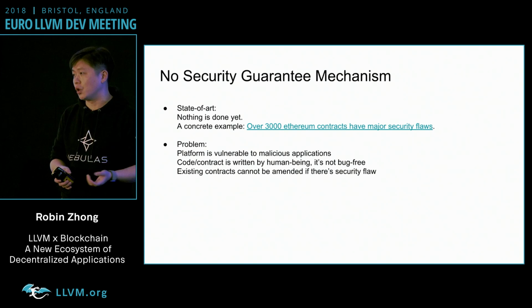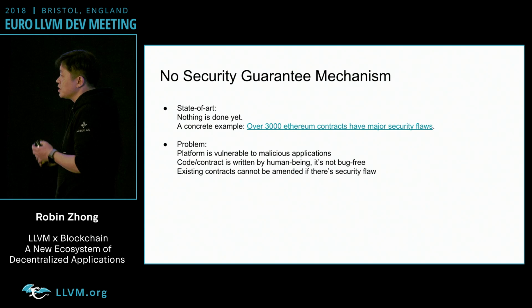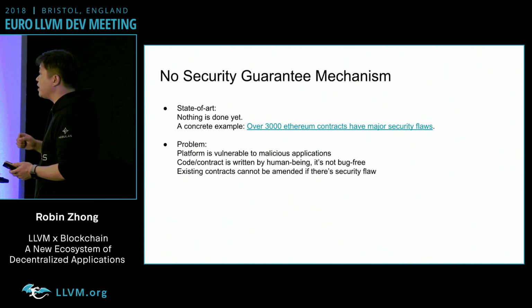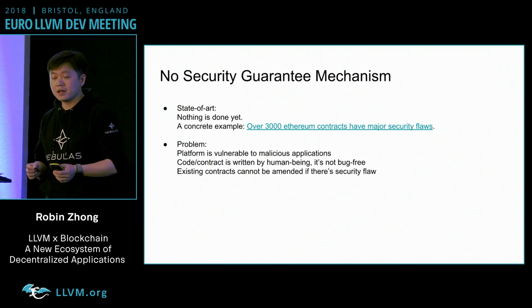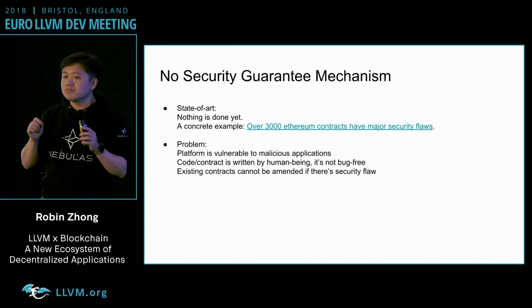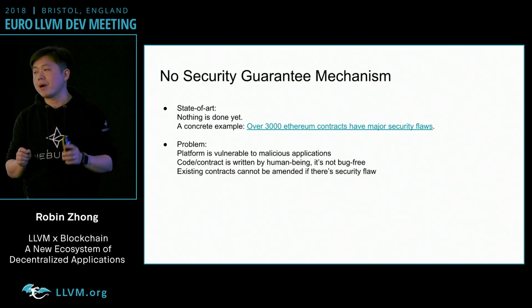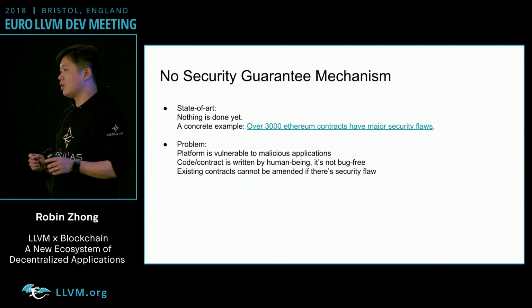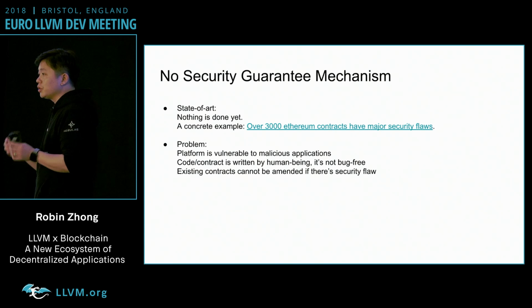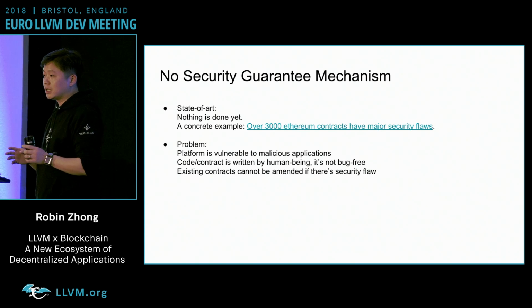For example, 2 years ago, there was a famous smart contract named the DAO, in Ethereum. And at that time, the DAO smart contract raised more than half of the Ethereum tokens stored on the smart contract.